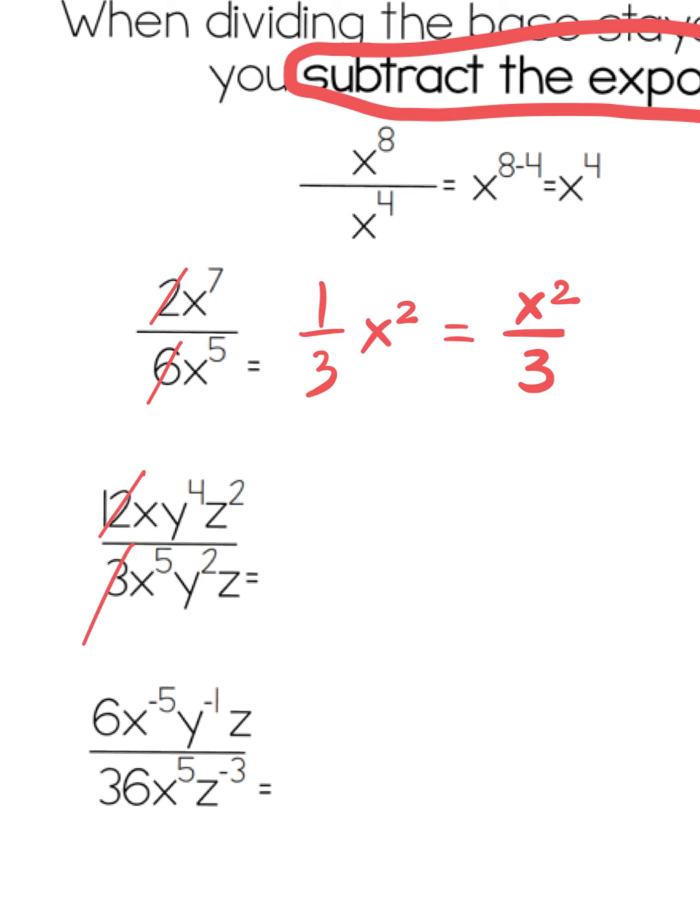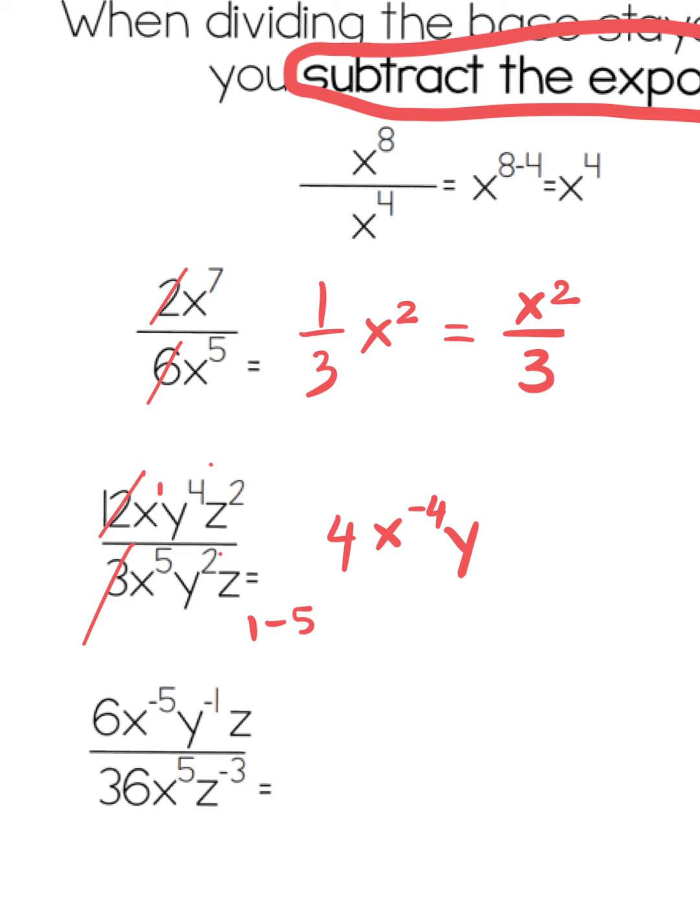12 over 3 is 4. Take care of the x first. So x to the 1, x to the 5. So we have x to negative 4, because 1 minus 5 is negative 4. y^4, y^2.